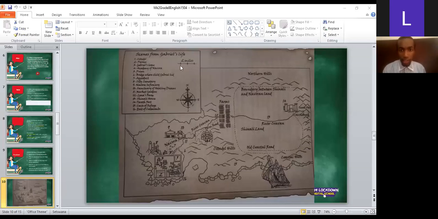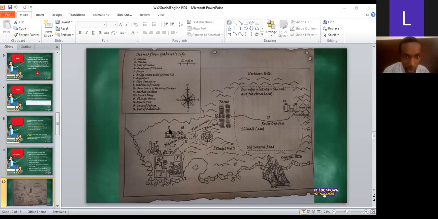So that scale shows that if we could take a ruler and measure from here to there, let's say we found that distance to be 2 centimeters, then it means that every 2 centimeters that we measure on this map, in actual fact, is 2 miles.